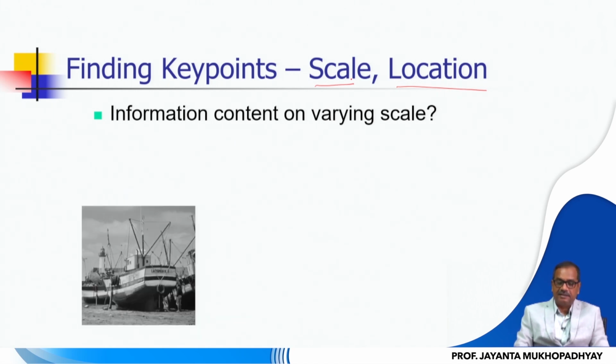So, let us try to understand the operations on scale. As I was telling you, there are certain appropriate scales where those descriptors are more meaningful. Say, consider this image. Now, consider a part of this one, this particular zone.